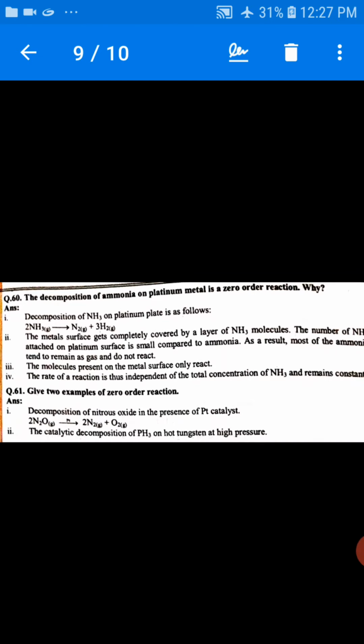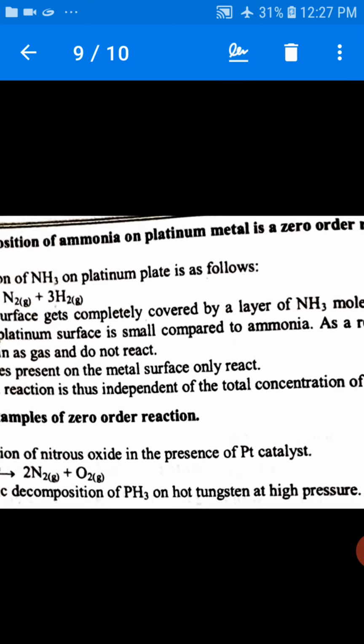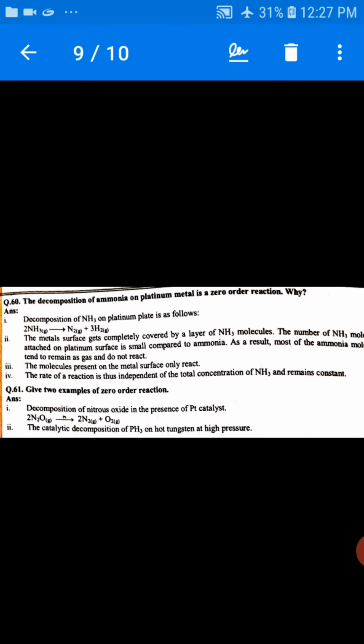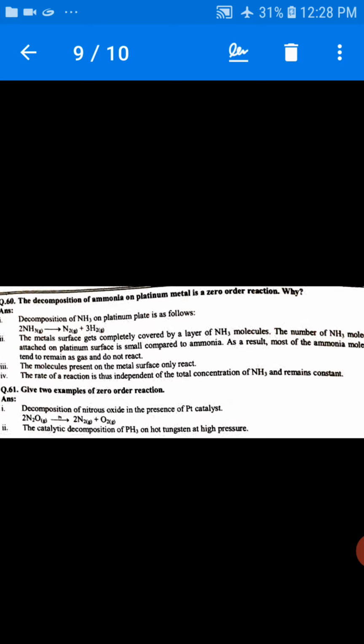The metal surface gets completely covered by a layer of ammonia molecules. Thus, the number of ammonia molecules attached on the platinum surface is small compared to the ammonia present. As a result, most of the ammonia molecules tend to remain as gas and do not react. Only the molecules present on the metal surface react. The rate of reaction is thus independent of the total concentration of ammonia and remains constant.